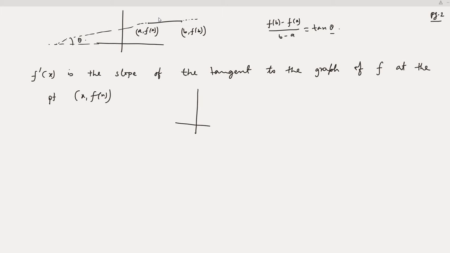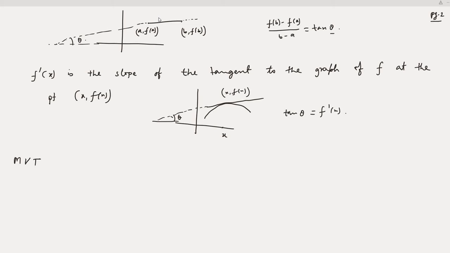Suppose this is R2 and this is the graph, and this is the point x. Here we have (x, f(x)), and this is the tangent. If this is theta, then tan theta is the slope, which is equal to f prime of x.